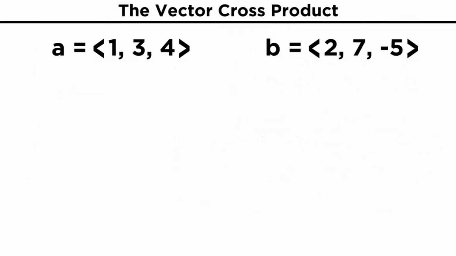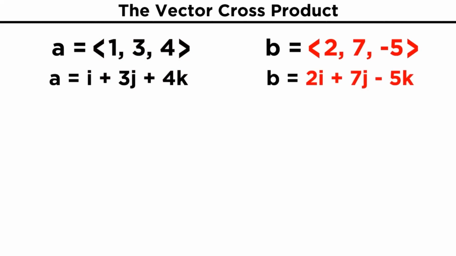Let's take two vectors, A and B. A has components 1, 3, 4, which can also be expressed as i plus 3j plus 4k. And B has components 2, 7, negative 5, which can be expressed as 2i plus 7j minus 5k.